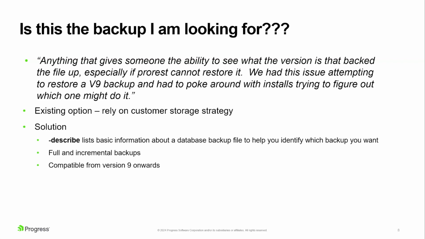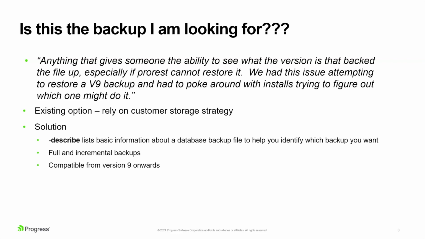We had this issue attempting to restore a V9 file backup and had to poke around with installs, trying to figure out which one might do it. Our existing option at the time was relying on you and your storage strategy. And so we've created a solution here so that we can help you do that.